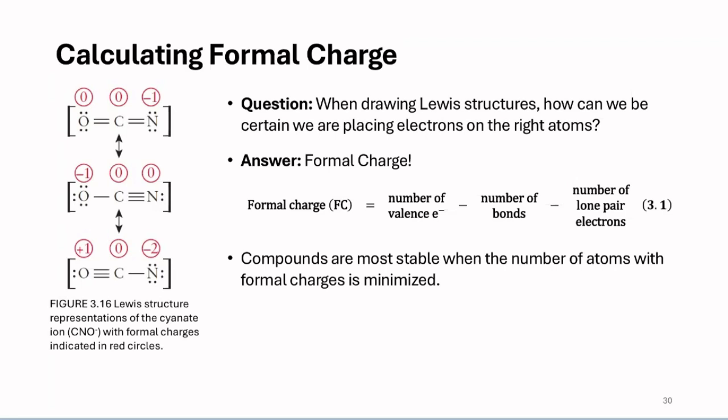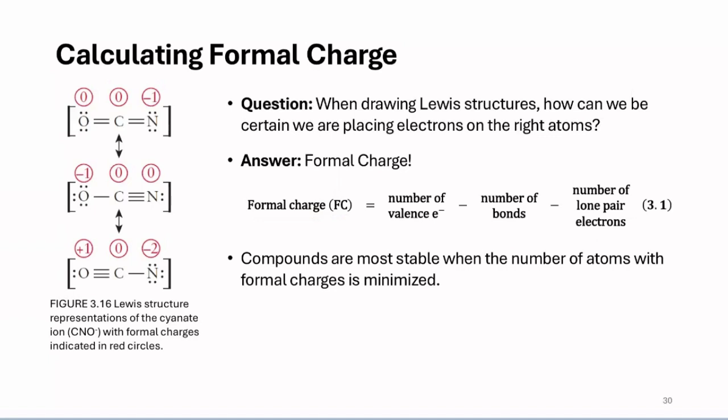So, when it comes to this, formal charge is given by the following equation. Formal charge equals the number of valence electrons for an atom minus the number of bonds that it has minus the number of lone pairs of electrons in that atom.